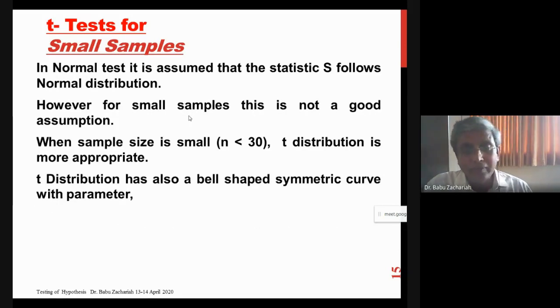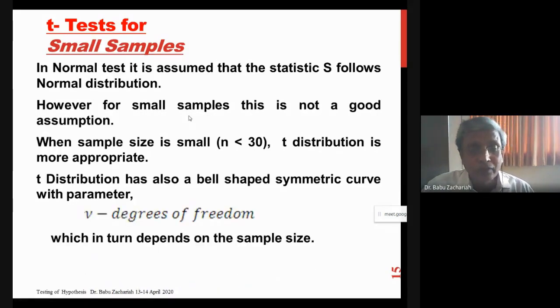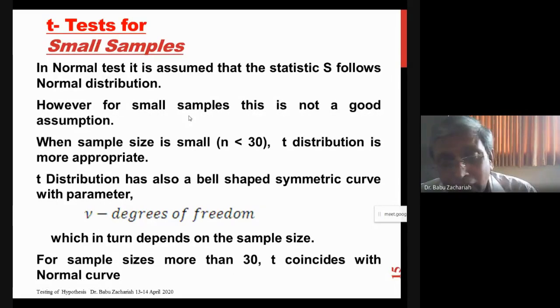T-distribution also is a bell-shaped symmetric curve with parameter nu, degrees of freedom, which in turn depends on the sample size. For samples more than 30, t coincides with the normal curve. So for more than that, you may go to the z-test.